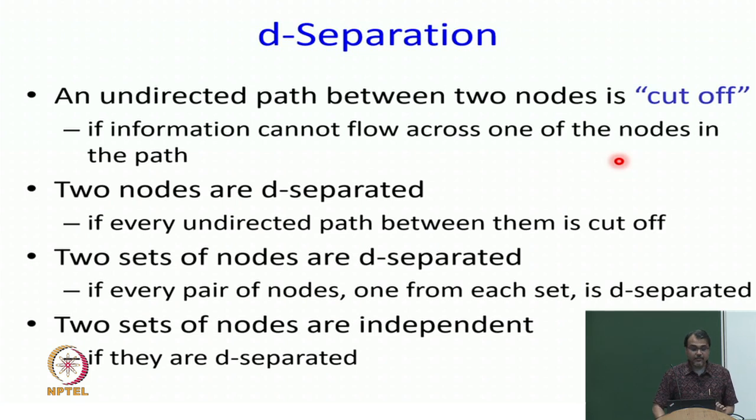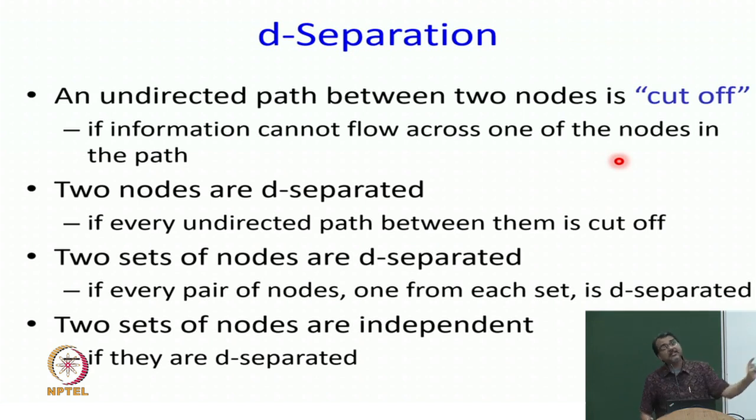And again, if you get confused, go back to these set of rules. This is very, very crisp. I will ask you if a set of nodes x1 versus set of nodes x2 are independent of each other given evidence E. So, then you look at each pair of nodes, look at all paths between this pair of nodes and see if information can flow. If you find any one path where information can flow, they are not independent of each other.